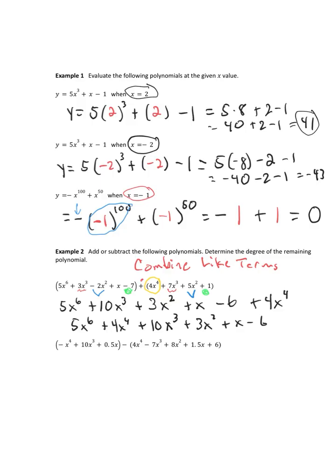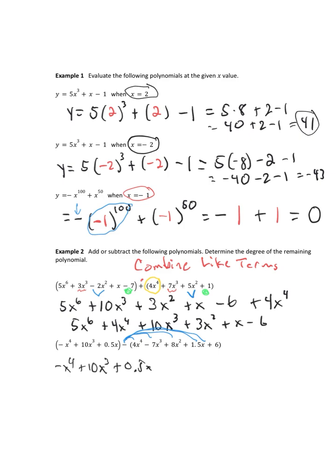All right, so for the next one, notice there's subtraction. So in that case, you need to distribute that negative to all of those terms. Let's rewrite this. This would be negative x to the 4th plus 10x cubed plus 0.5x.